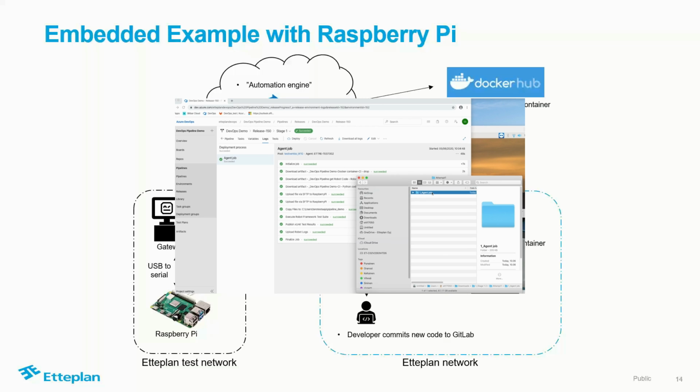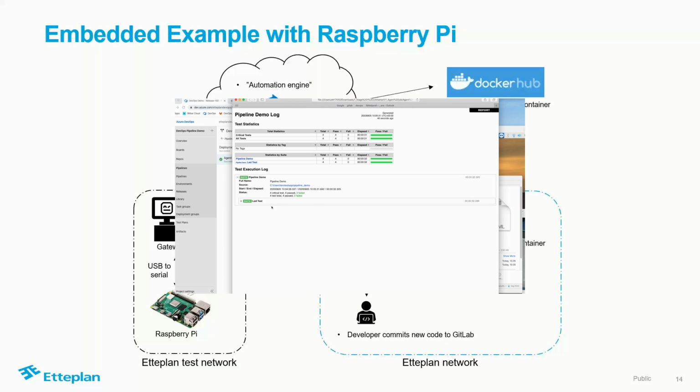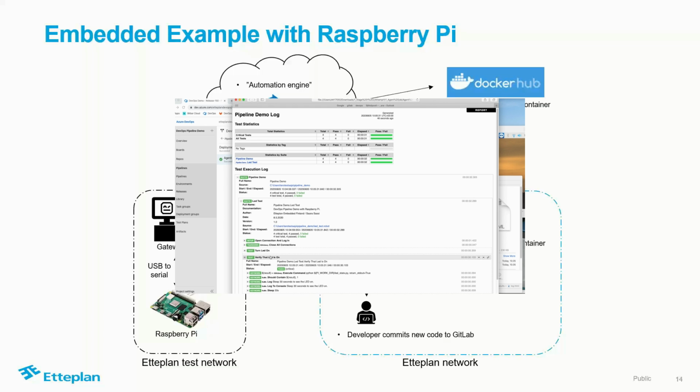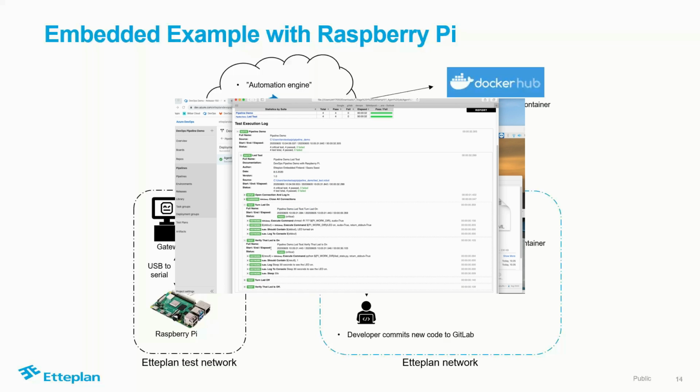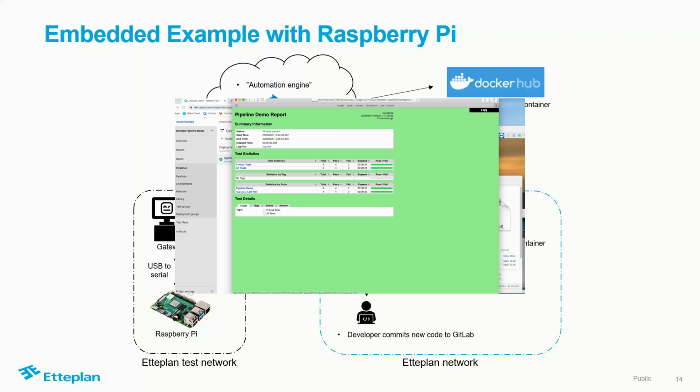So you can there open up the actual test log from Robot Framework, which most probably is familiar looking to many of you. So here is the standard looking test results from Robot Framework.